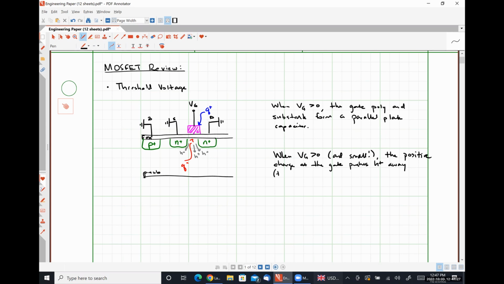I'm going to put in parentheses here, towards the body terminal.